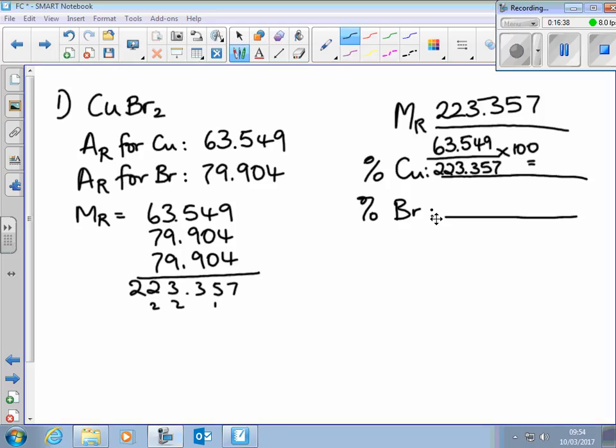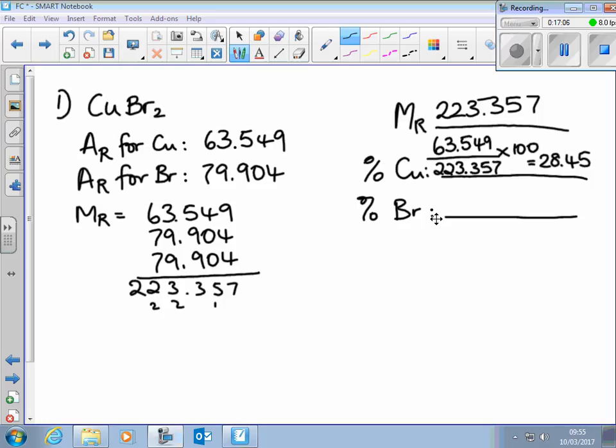It's sort of a bit under a third. It's probably about a quarter, isn't it? Not quite. All right. So it is less than a third. Yes, of course it is. 28.45. Now, you could go through the calculation to work out the bromine, or you could just say, it's the rest, isn't it? Yeah?